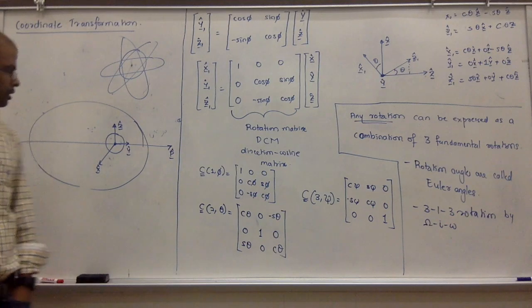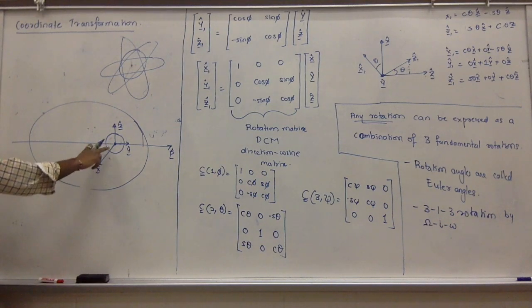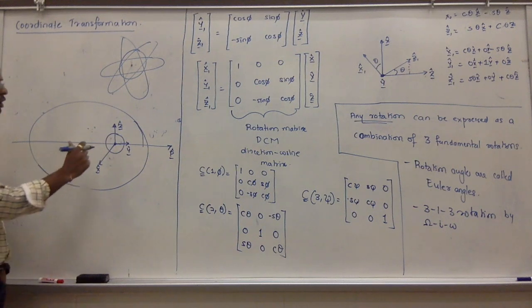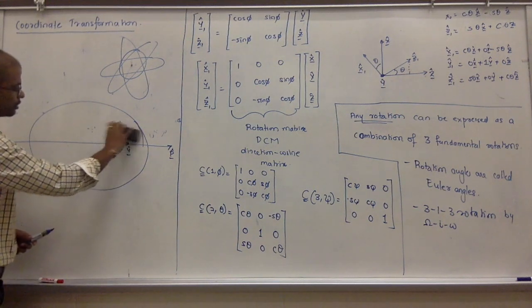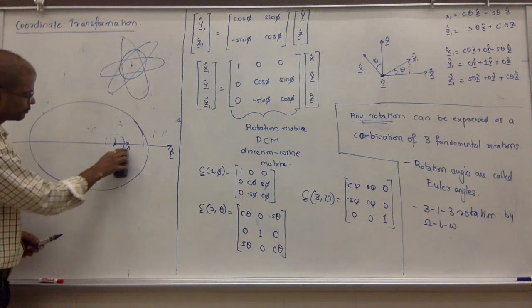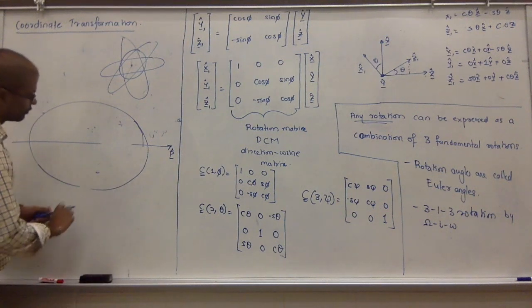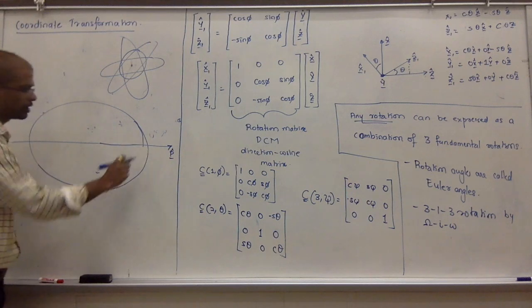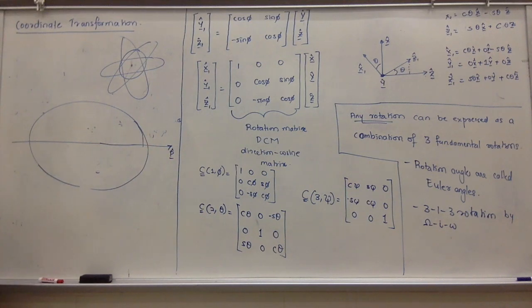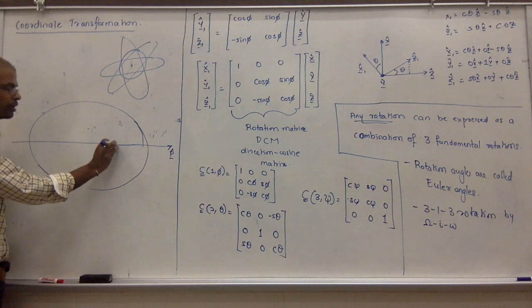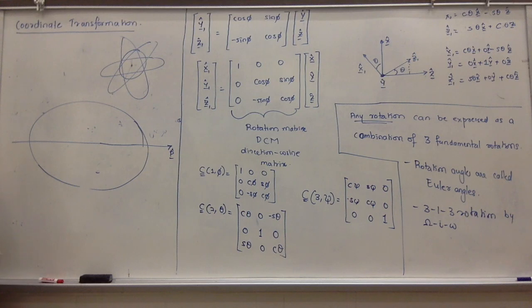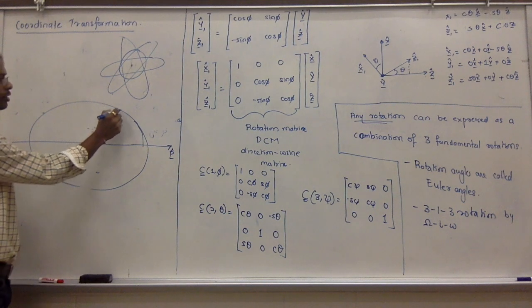If I want to get into the orbit frame, it is defined as follows. Just like the ECI frame, we define P as the direction of the periapsis. W is in the direction of angular momentum, because the motion is this way.